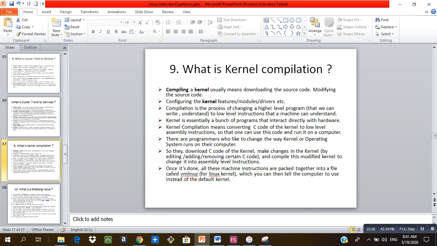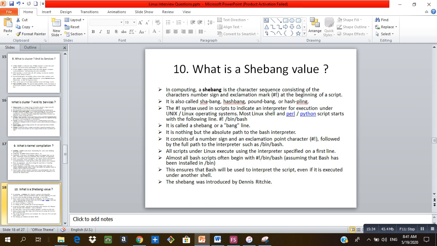Coming to the next question, that is, what is the shebang value? This is also a very important question when there is a requirement in a company regarding scripts. It is nothing but the character sequence consisting of the characters number sign and exclamation mark at the beginning of the script.